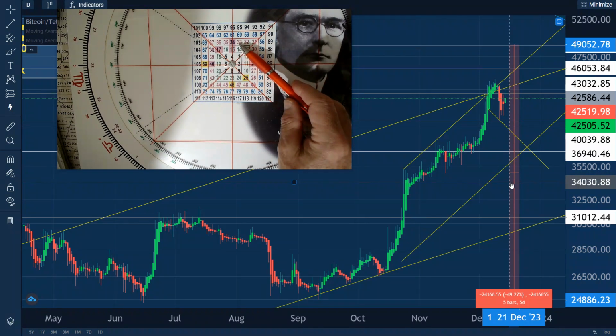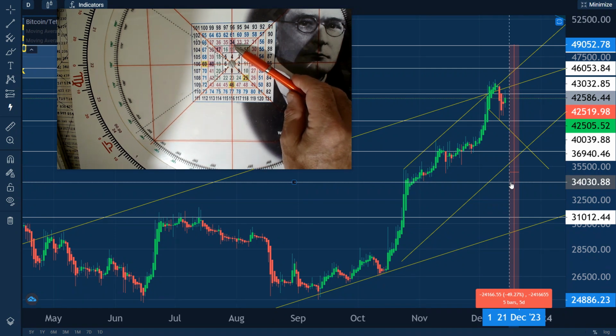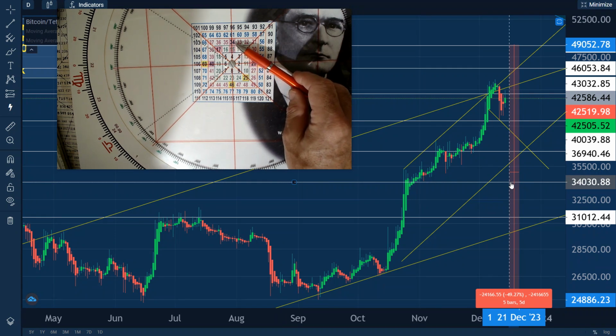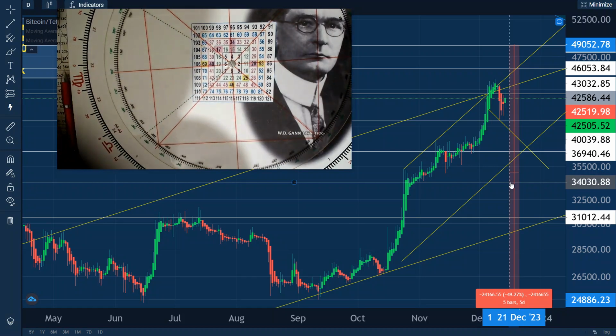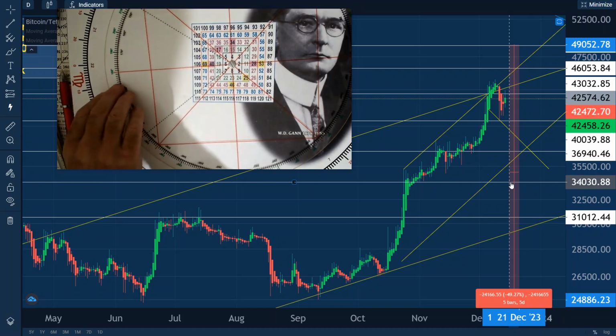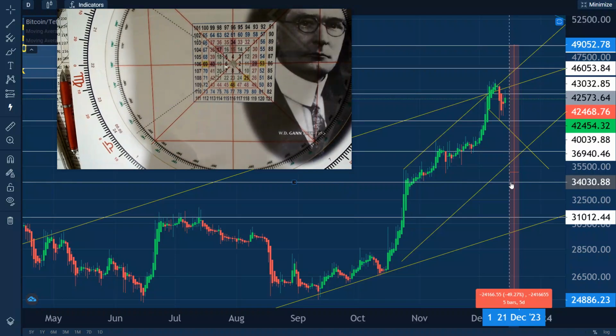I've hot pinked this because, as you know, 15 and 34, they're vibrating areas where we can expect resistance or overhead support. And right now, it looks like it is going to be support. We have a lot of volatility coming up here. The first part of January, as you guys know, there's going to be some Bitcoin ETFs.